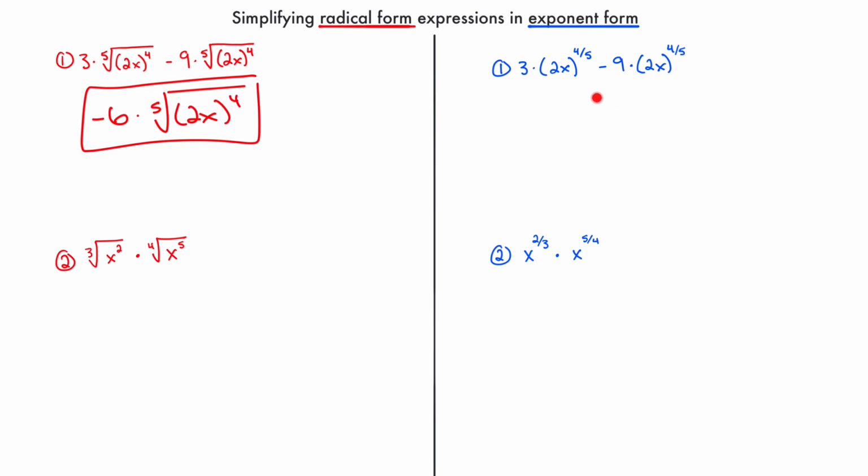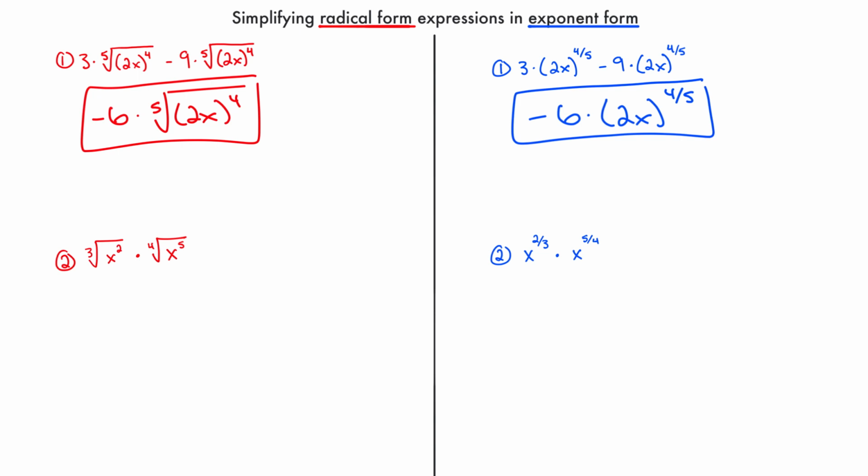Since these are the same, I can now combine these 2 terms together. This is just 3 minus 9, which is, again, negative 6 times 2x to the 4 over 5. This is largely just to showcase that the rule that we had for adding and subtracting radicals is the same thing as adding and subtracting with fractional exponents.